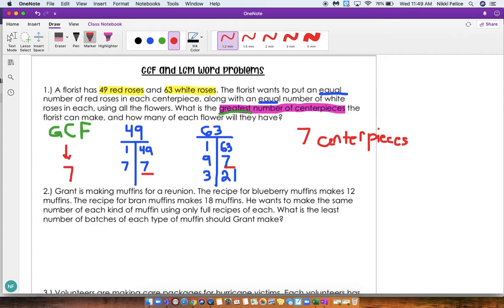If I have 49 roses and I divide that up into 7 centerpieces, doesn't that mean I'm going to have 7 red roses in each? And then if I have 63 white roses and I divide that into 7 centerpieces, I'm going to have 9 white roses in each. So there we go.